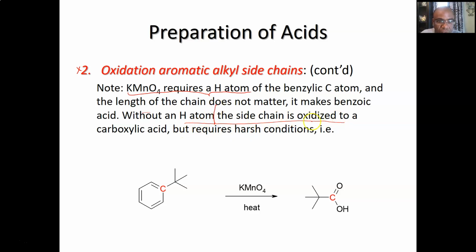Without a hydrogen atom on the side chain, the side chain is oxidized to a carboxylic acid but requires harsh conditions. So you see like here, there's no benzylic carbon, there's no benzylic hydrogen. In which case you don't expect the ring to have the benzylic carbon oxidized like that.